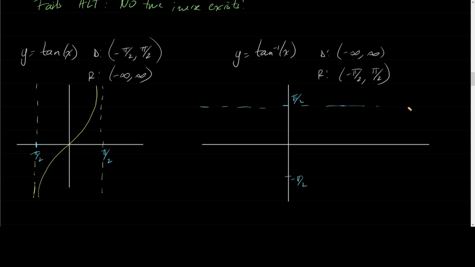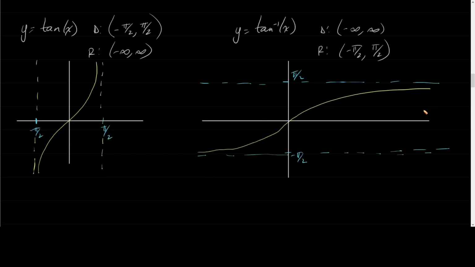So there are our horizontal asymptotes. Now the graph itself looks as follows. Oh, that's awful. Let's try that again. Less awful, but it gets the point across. So that's our range, from negative pi over 2 to pi over 2, and that's what tan inverse looks like.